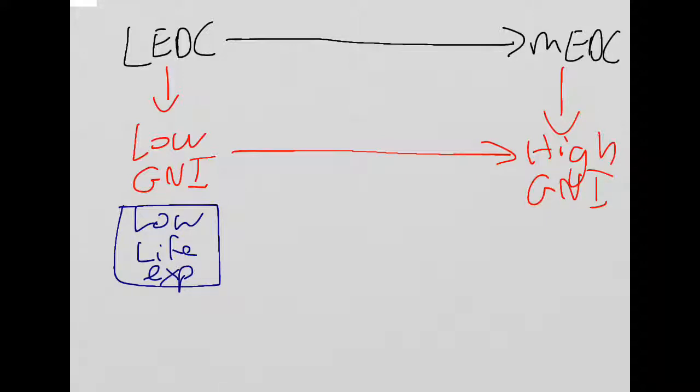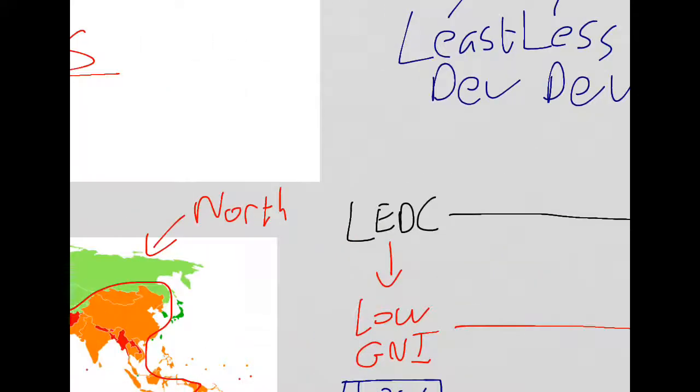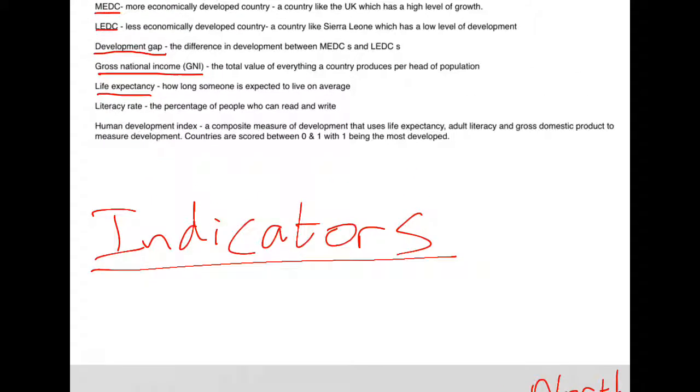So this could be as low as between 40 and 50 years. If we come across to the richest MEDCs, they have a very high or long life expectancy. So some of the richest MEDCs are up around the 80 mark or even higher, and we again see that continuum along there.